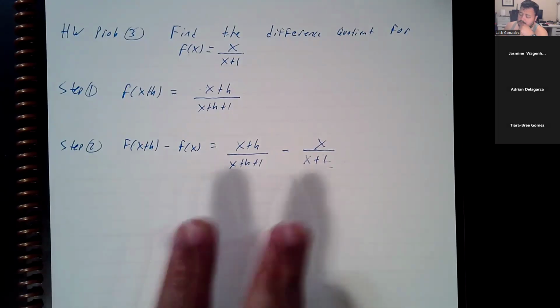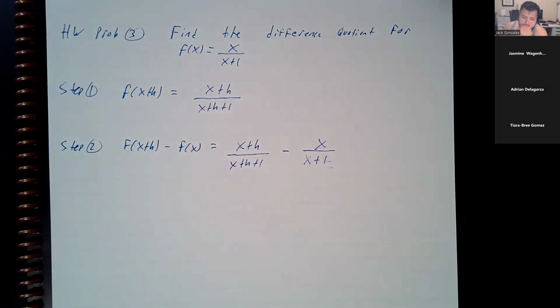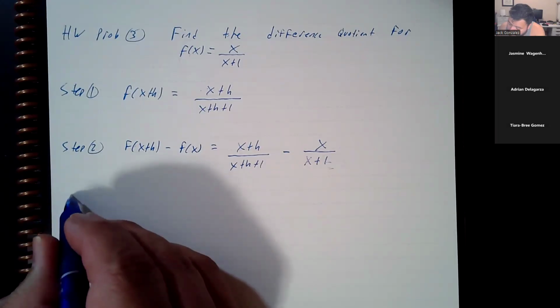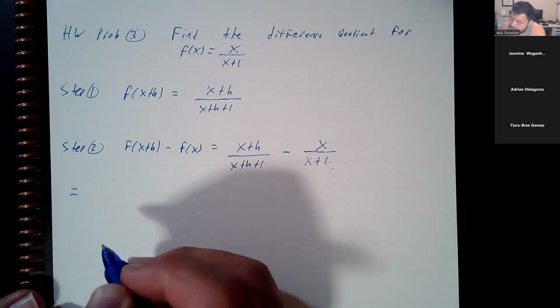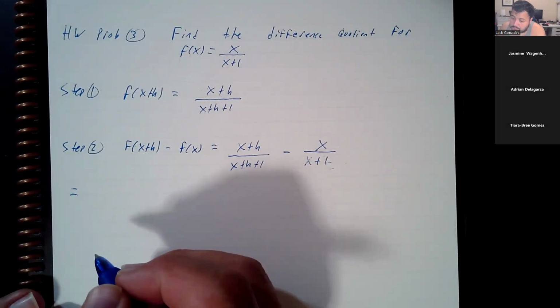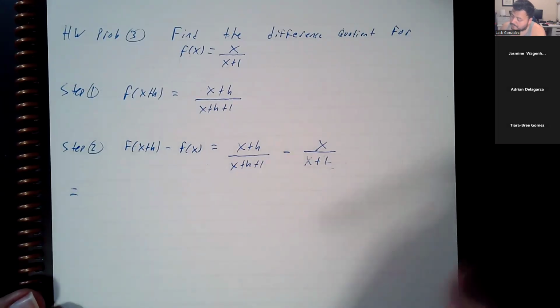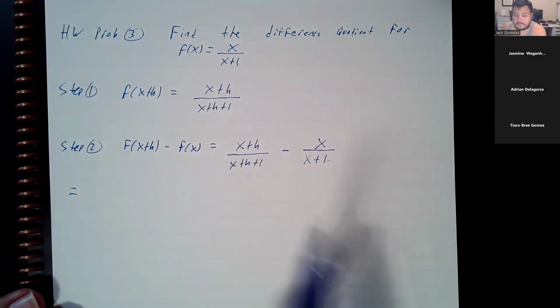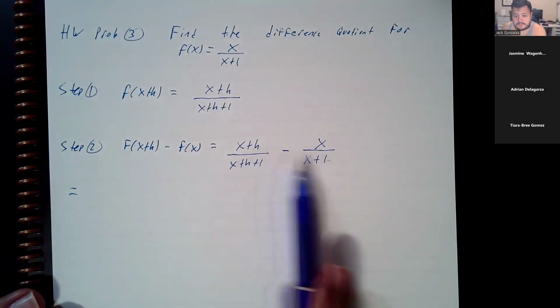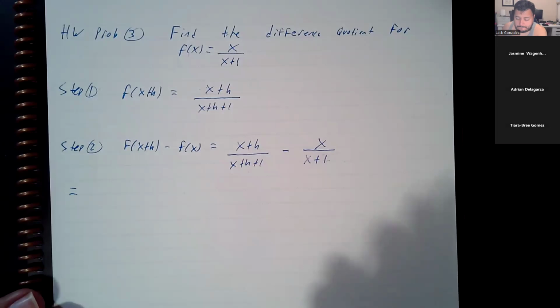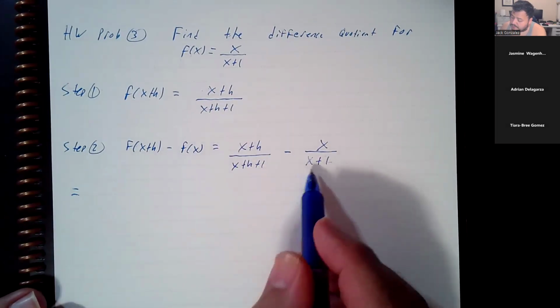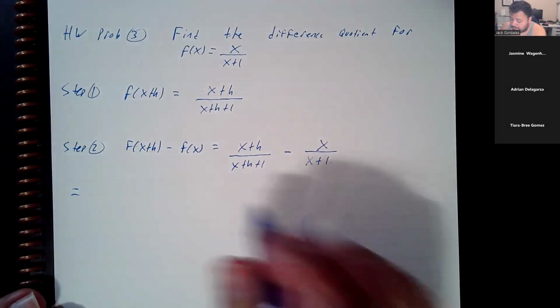So how do we subtract them? Right, we need the LCD. LCD is just going to be a product of these two because they're prime.